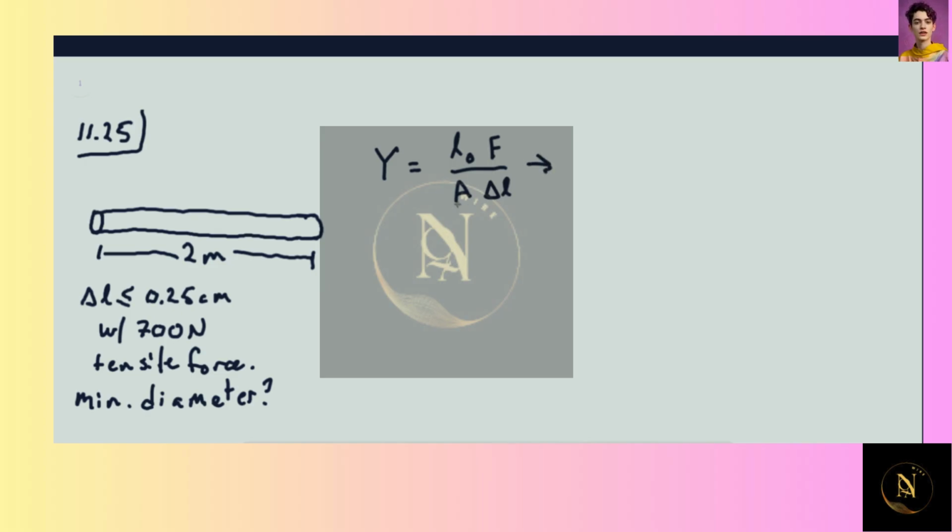And now we know that the area is pi times the radius squared, and the radius is obviously half the diameter. So we solve this for the area we need. And so then that's L naught F divided by the Young's modulus times the change in length.